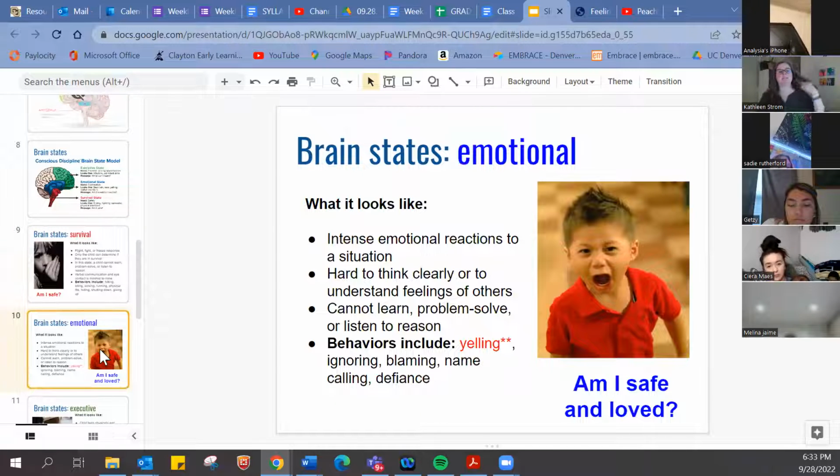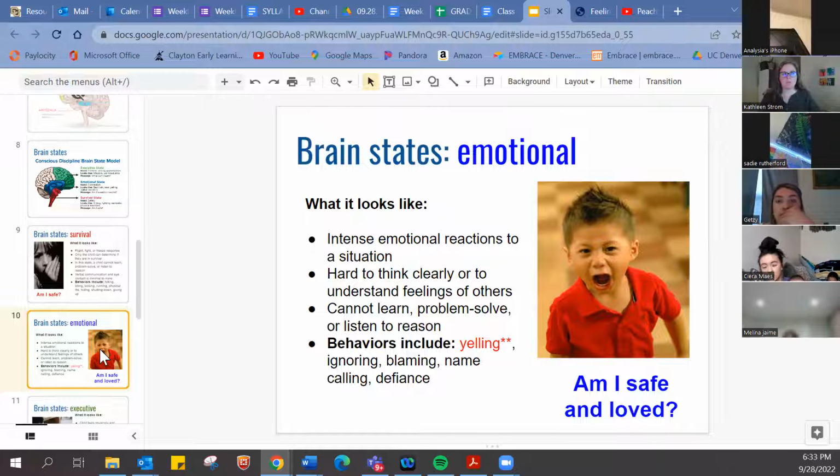Our next state is the emotional state, right? And so this is when you're watching a child or experiencing yourself intense emotional reactions to a situation or intense emotions. So when you're in your emotional state, you're going to see behaviors like yelling, maybe ignoring, blaming, name calling, kind of like lashing out behaviors, right?